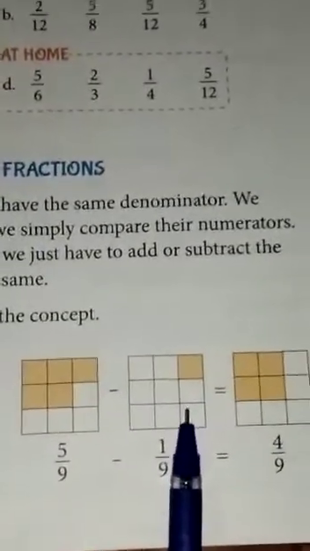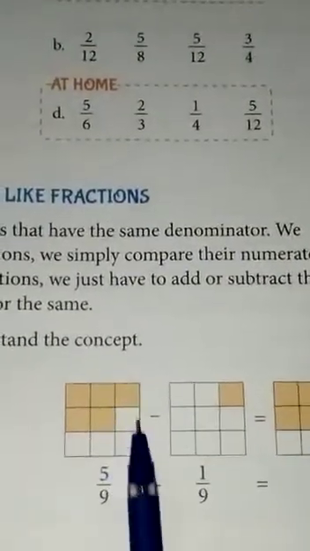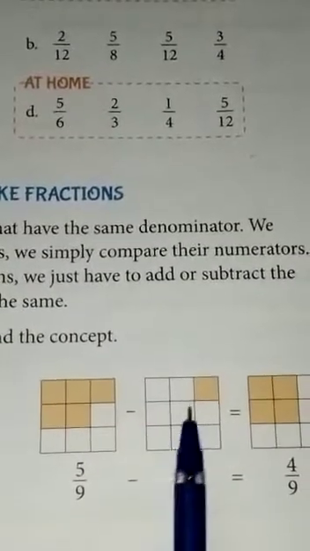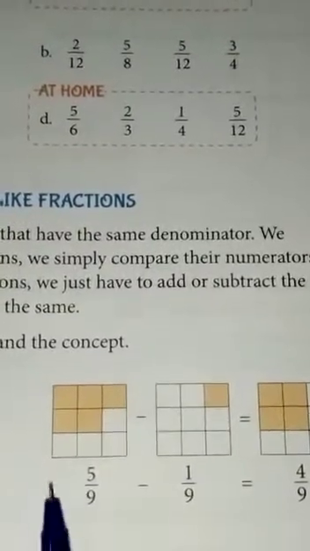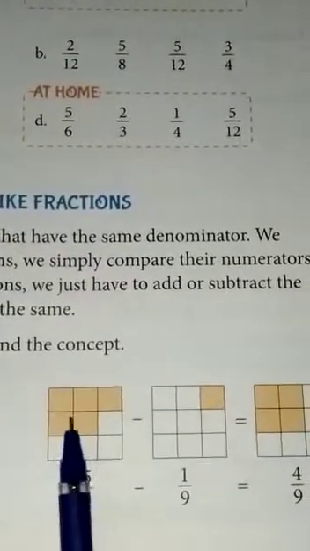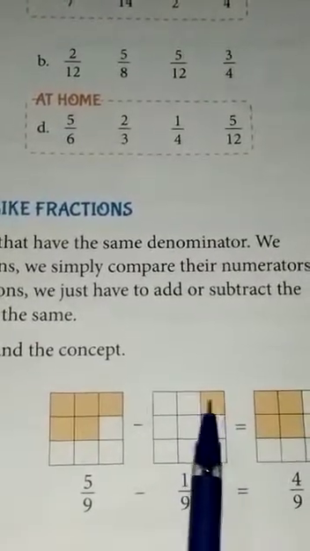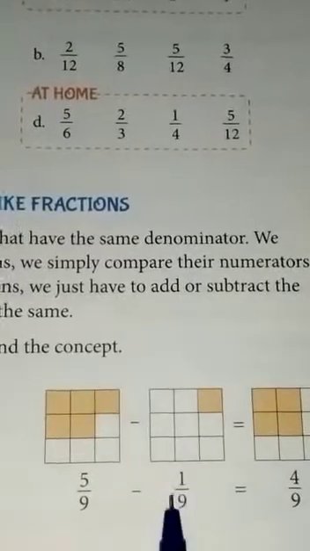Next, this is an example of addition. Another is subtraction. There are two square boxes. Each box has 9 parts. This one has 5 parts shaded and this one has only one part shaded. 5 divided by 9 and 1 divided by 9.